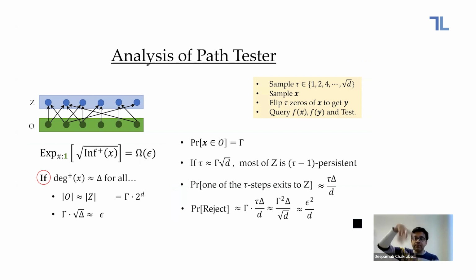I just need a subgraph of this bipartite graph to have the feature that it is roughly regular on both sides. And this delta and gamma is any parameter, but I just need that gamma times root delta to be large.